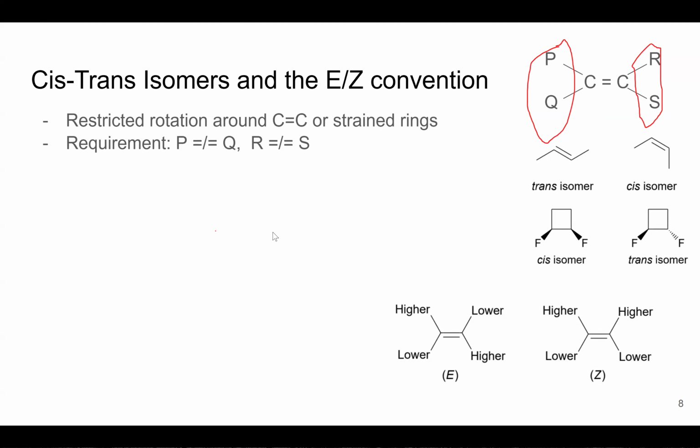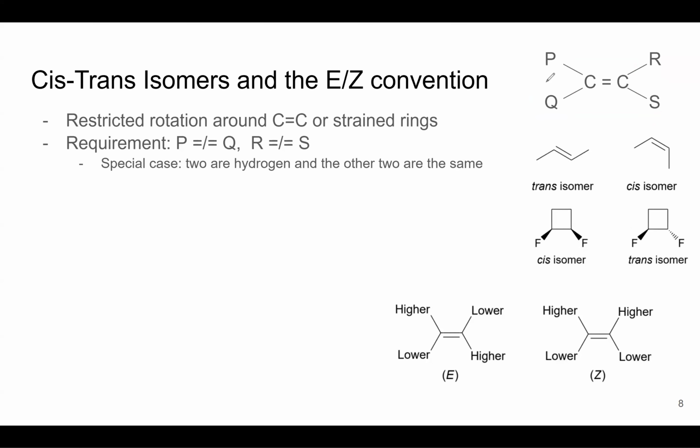A special case that we have a name for is when P and R are hydrogens, or when P and S are hydrogens, or when Q and R are hydrogens, or when Q and S are hydrogens. So when you have one hydrogen on each end and the other two are the same. For example, if Q and S are hydrogens and P and R are the same, then we have a special case.